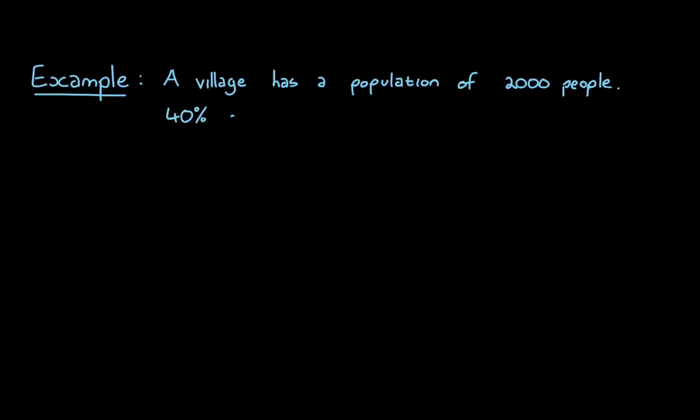Say a village has a population of 2,000. I know that's a bit of an upper-hand population, but let's say that. And 40% are male. How many males are there?